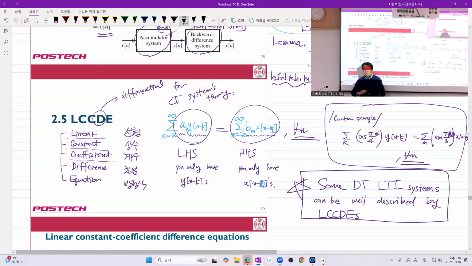However, in a restricted form of LCCDE, people allow only finite summations. So depending on the textbook, depending on the authors, some people say this is not an LCCDE if either side has infinite terms.